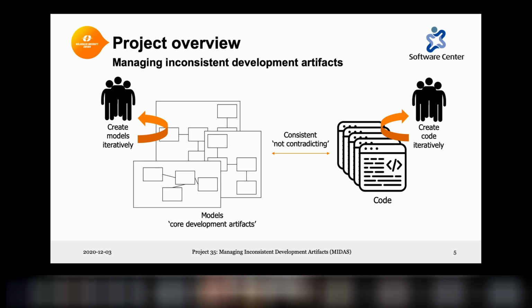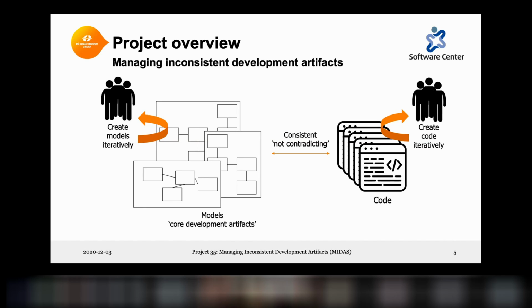The inconsistency problem emerges when those things are iterated over lots of times, because if you update one and not the other, some inconsistency will occur, so they might contradict each other. And if you build on top of these introduced inconsistencies, you might end up in even more trouble later on.